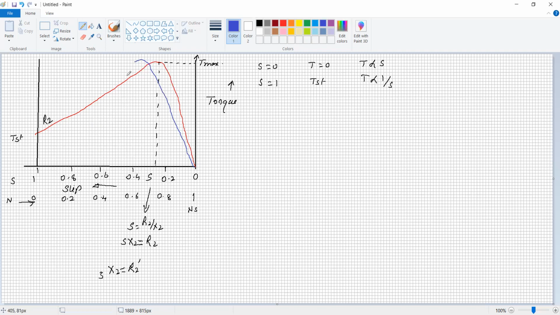The maximum torque is as it is, whereas the curve is shifted, the maximum torque gets shifted to the higher slip value. So this is the maximum torque occurrence.